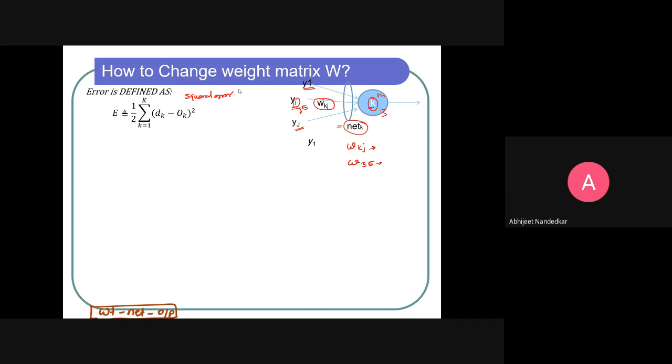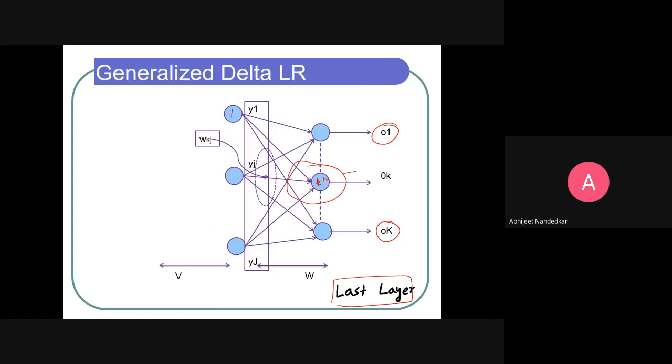What it means is you apply your input to all the neurons and calculate the output for all the neurons: output 1, output 2, up to output capital K. For each node there will be some desired response, D1, D2, up to D capital K.